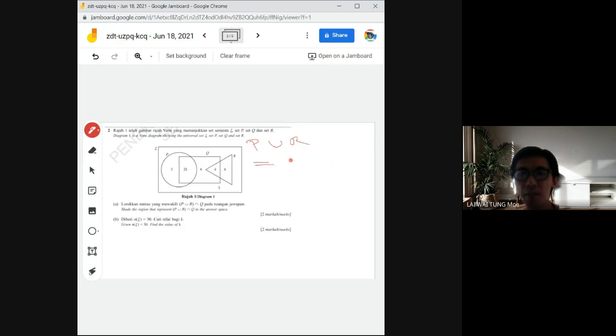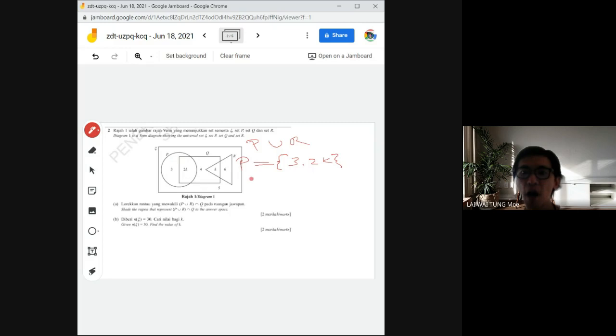The same element we only write once. So we start with P. What is inside this circle P? This is 3 and 2K. So for P, the elements are 3 and 2K.